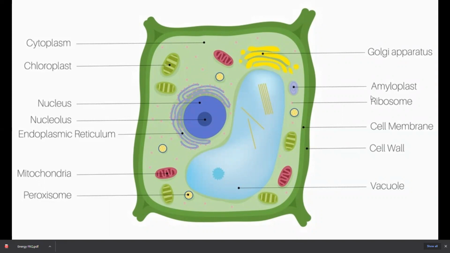And I wouldn't worry about amyloplast. That's a storage center for like carbohydrates. But ribosome, cell membrane, cell wall, these are all going to be in there. A big central vacuole that stores water is going to be unique to plant cells, something to remember. And also, you're not going to see the centrosomes, the centrioles, in the same way like you do in animal cells.